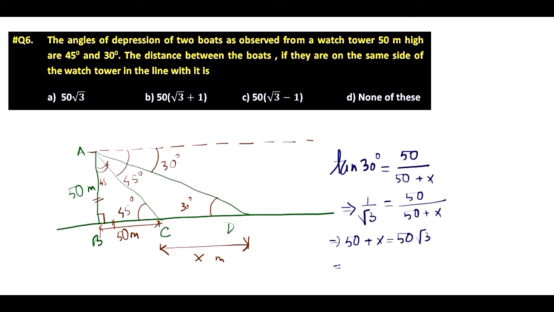So you all are aware of cross multiplication. Then what will happen? This x will keep here, 50 that side will be going, and then we'll be taking it common, so your answer will be 50 into root 3 minus 1. So 50 into root 3 minus 1 is lying here. So this is the answer of the question, right?